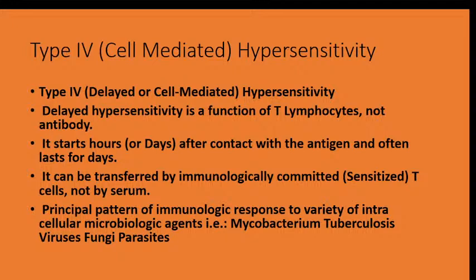The cytotoxic T cells cause direct damage, and the helper T cells secrete cytokines, which in turn activate the cytotoxic T cells and direct the activated monocytes and macrophages, and they cause the bulk of the damage.